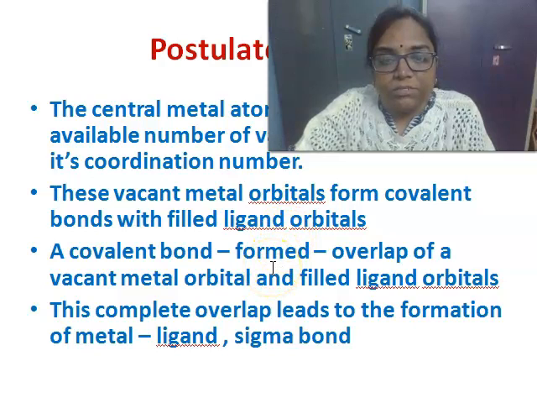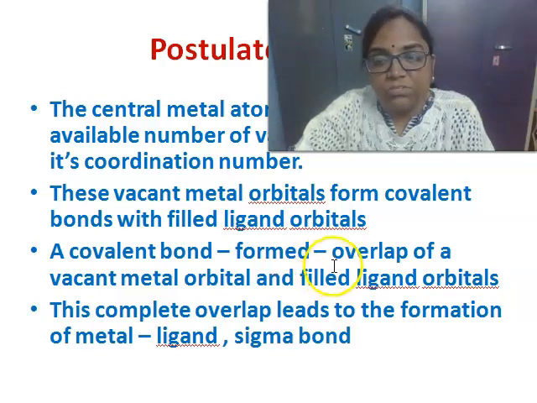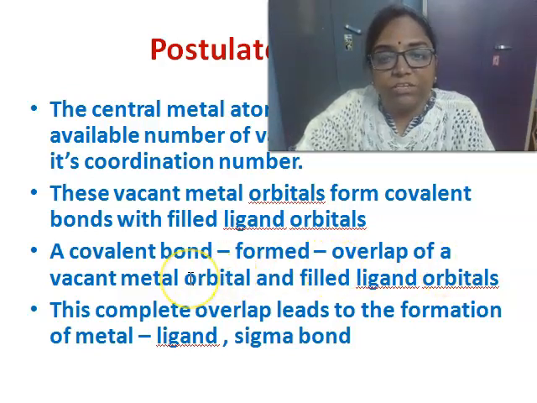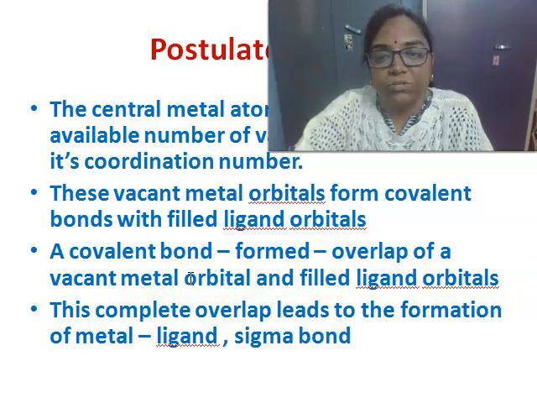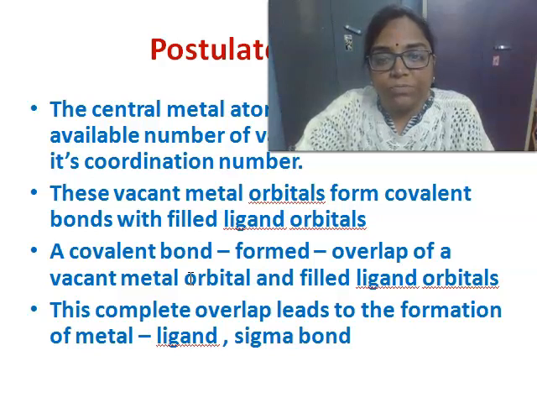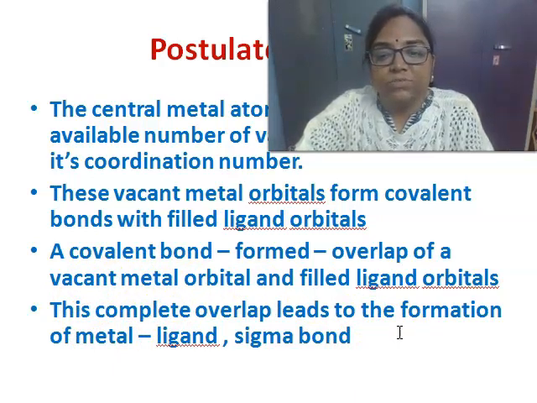Then the third postulate is that the covalent bond is formed due to the overlapping of the vacant metal orbital and the filled ligand orbitals. This complete overlapping leads to the formation of a metal-ligand sigma bond.